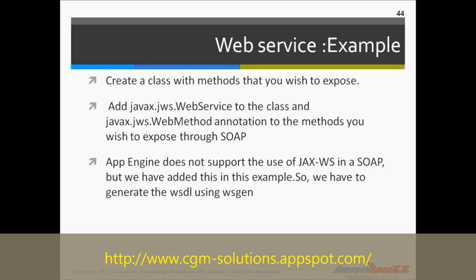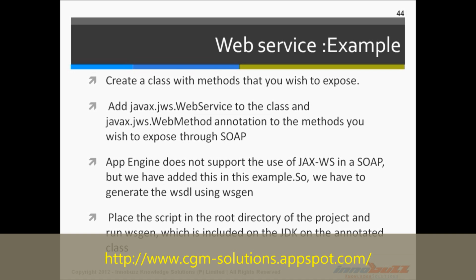This wsgen tool is a predefined tool given by GAE to generate the WSDL and XSD and corresponding Java classes. So place the script in the root directory of the project and run wsgen, which is included in the JDK, on the annotated class. So let's go ahead and create a class and add @WebService and @WebMethod to the methods which we are going to expose and generate a WSDL using wsgen.